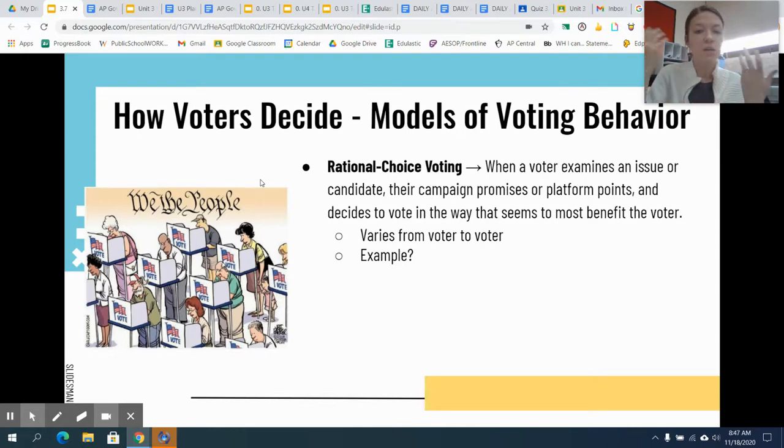Right? If there is a citizen using this rational choice voting, they might care about collecting Social Security. That might be the one thing that they're looking at in terms of candidate promises and platform points. I may vote for that same candidate if that issue has a priority for me. If it doesn't, I'm not. So it's really all about the person's individual preferences here and what matters to them.